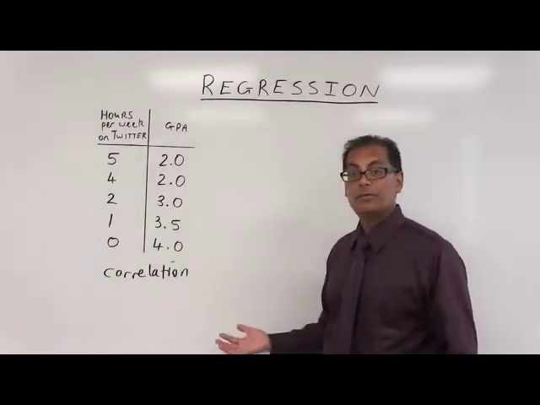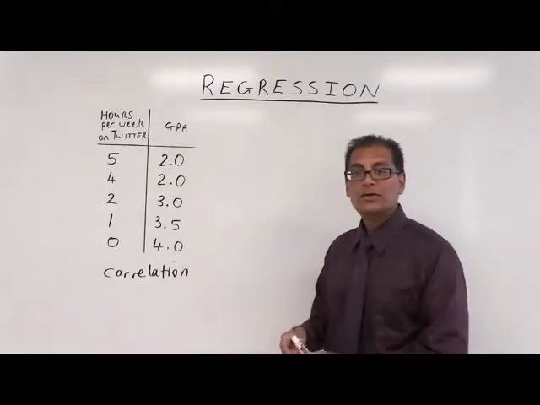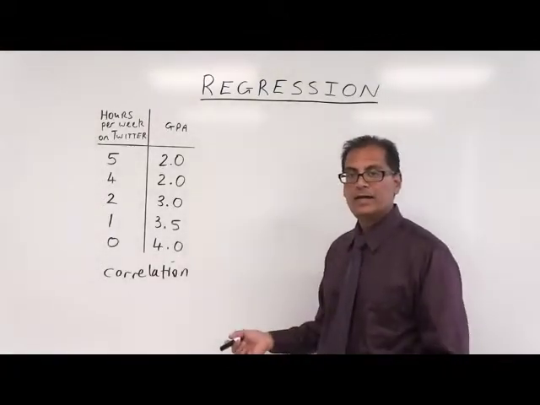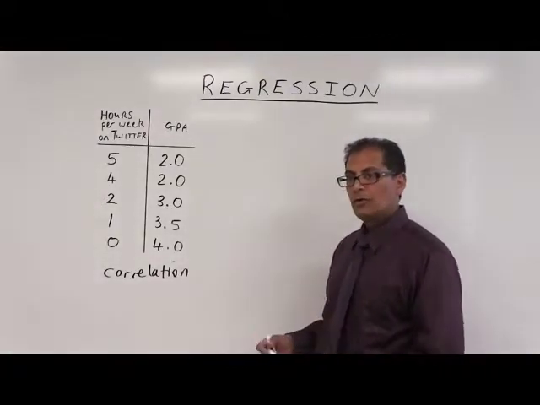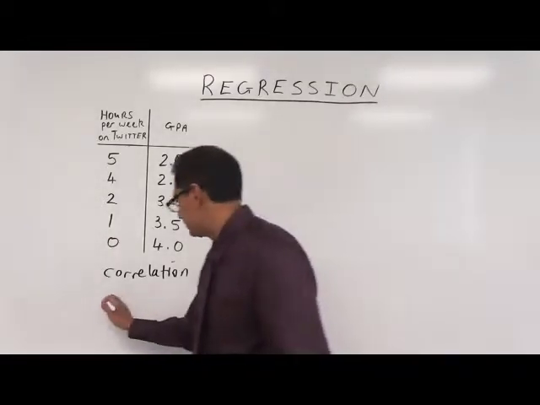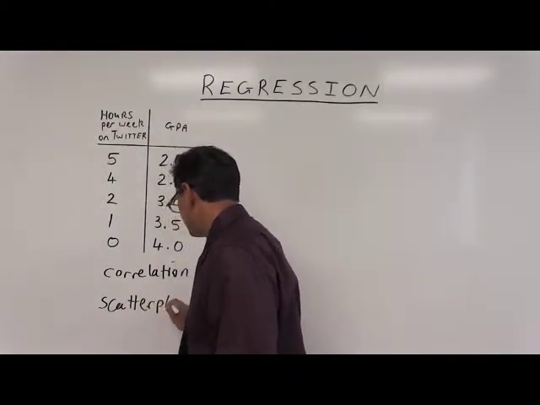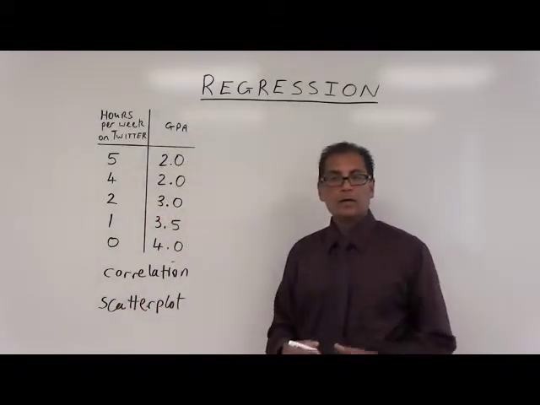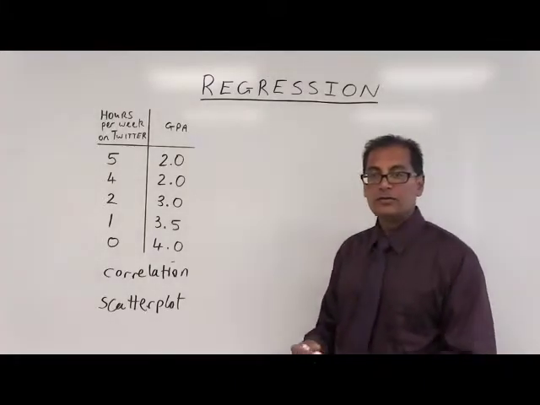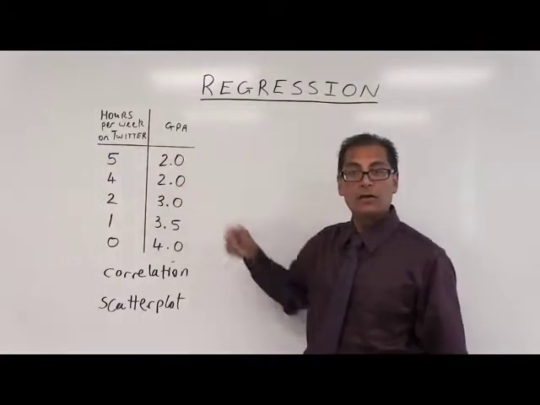Now if I had 100 pairs of data, that would be harder to see visually just looking at the numbers. So I may want to graph the data. It's a good idea to always graph your data in what we call a scatter plot. What a scatter plot does is that each value has an x and y coordinate.